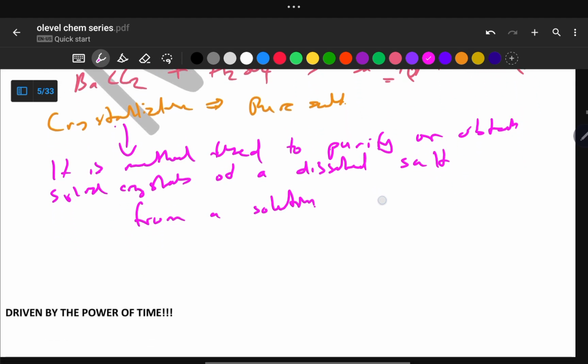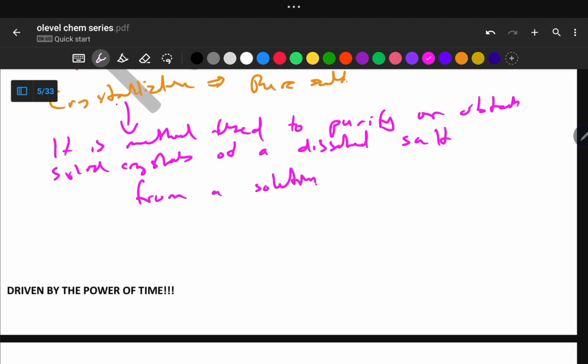And then we have the steps for crystallization. You should know these steps by heart, right? So the first step for crystallization, we are going to prepare the salt solution. So either we are reacting an acid with a base, or an acid with a metal, or an acid with a carbonate, right? We did the methods of preparing the salt.